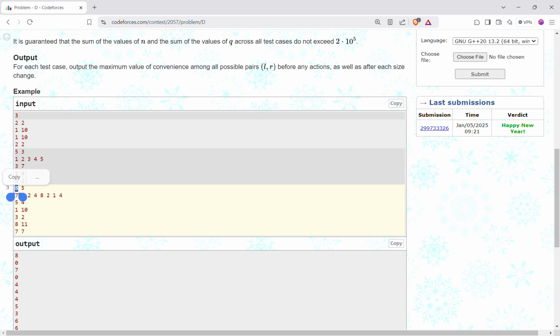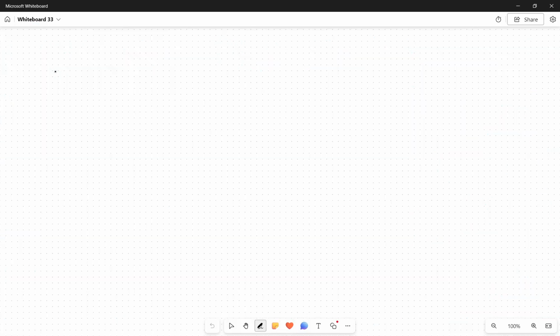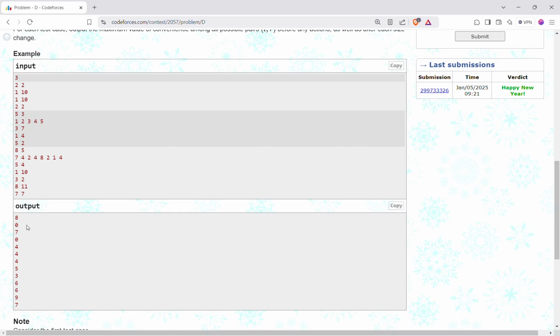Okay, and what are the corresponding answers? So 5 plus 1 is 6, 6 numbers from the bottom.